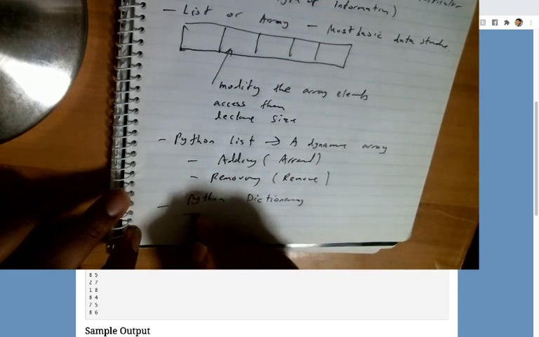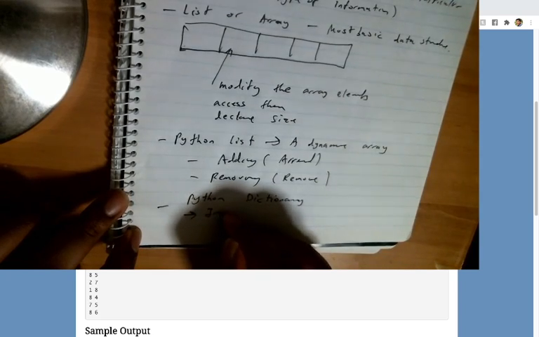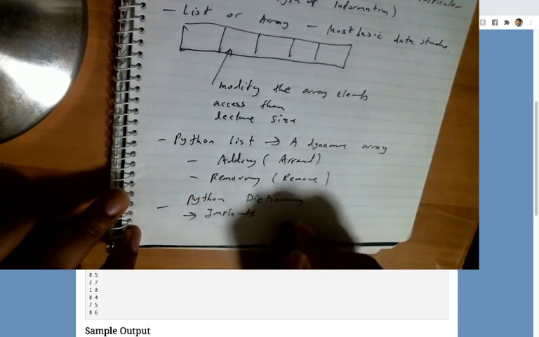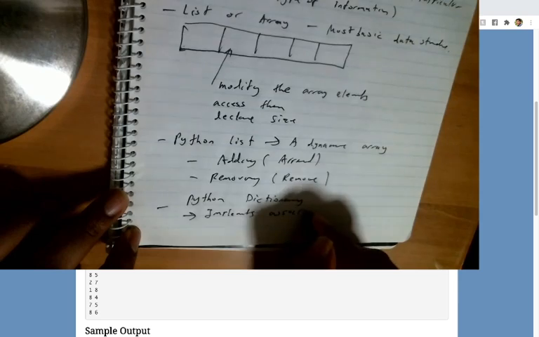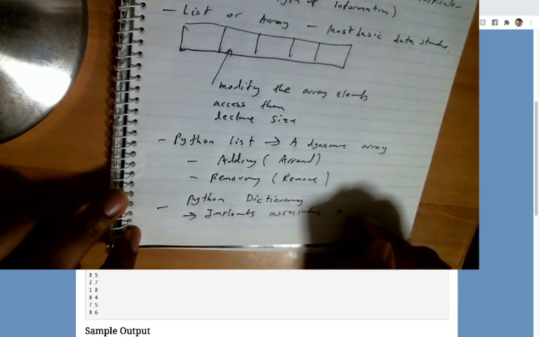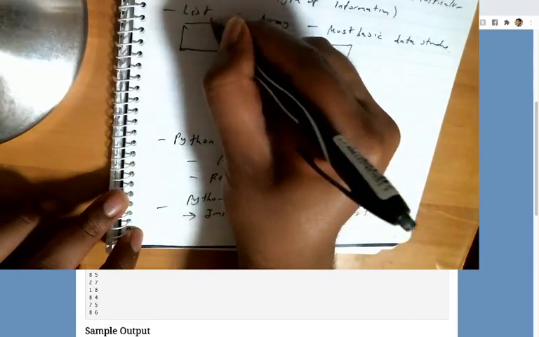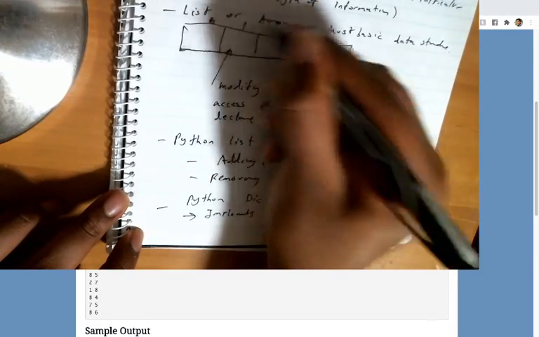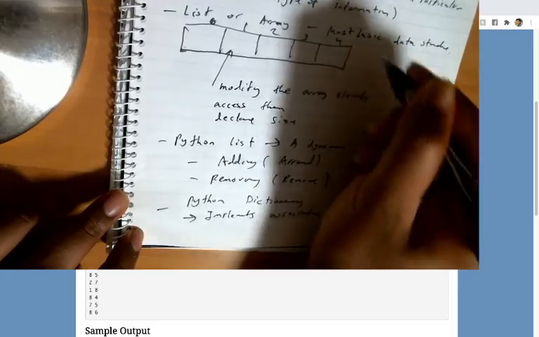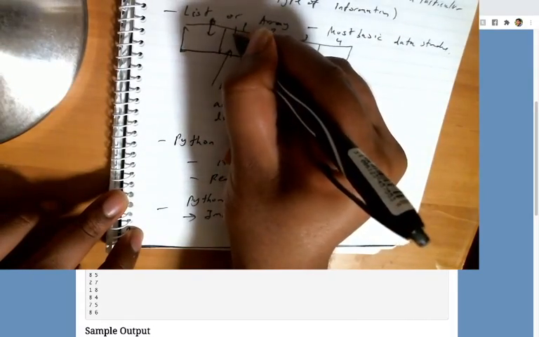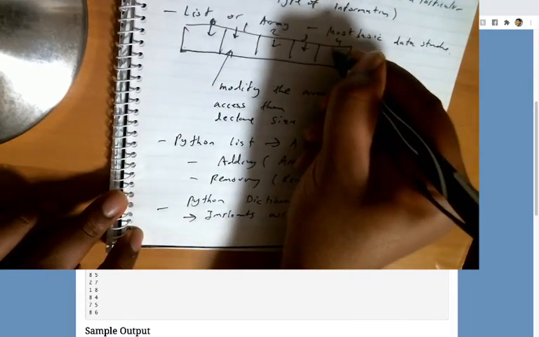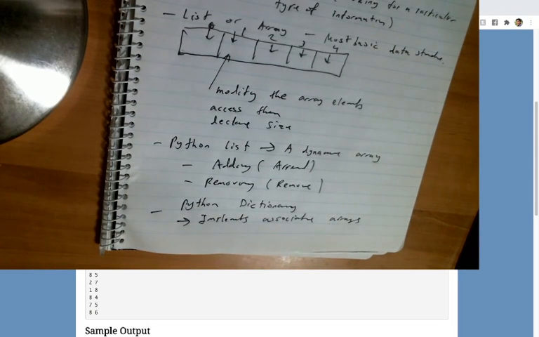It essentially implements associative arrays. What I mean is that with an array you have indices 0, 1, 2, 3, 4, and they're attached to values. But in a dictionary, those keys may not be integers.